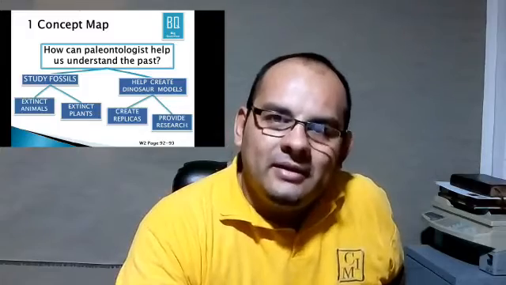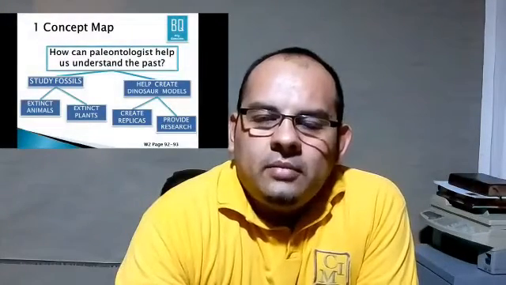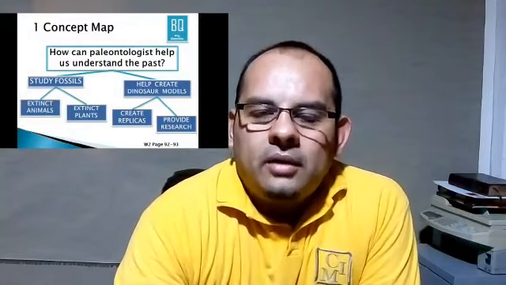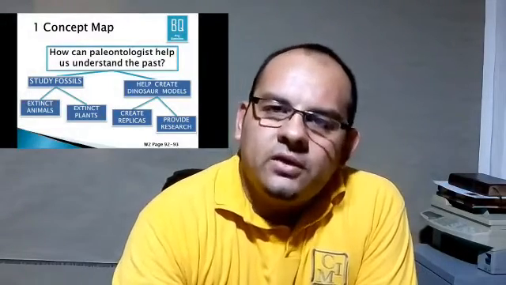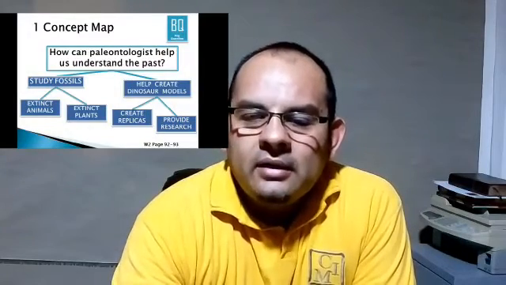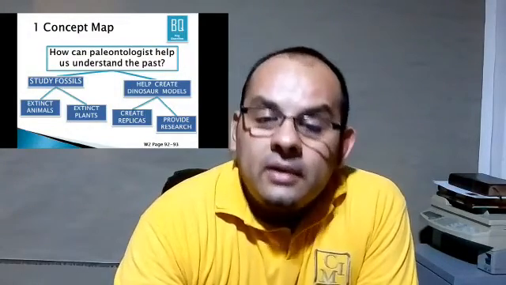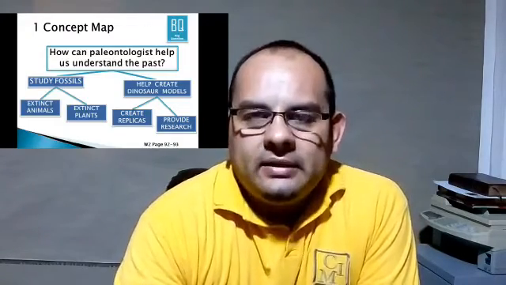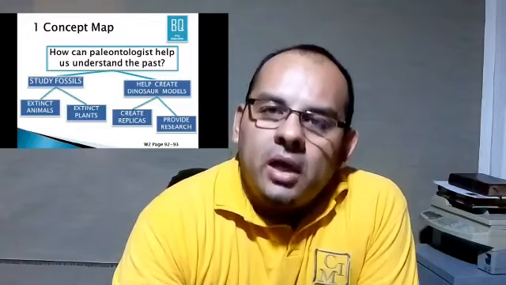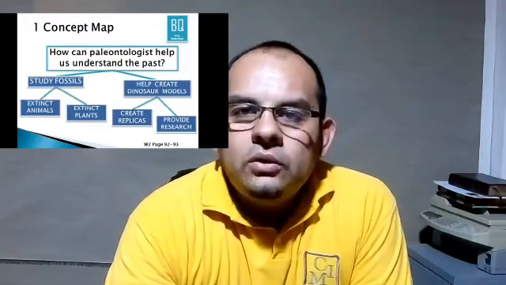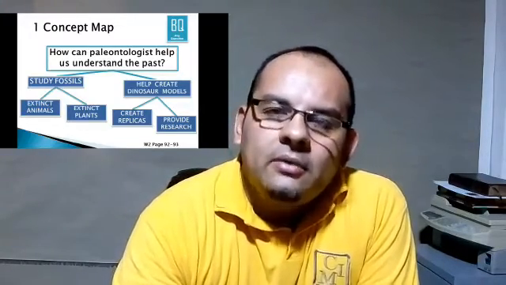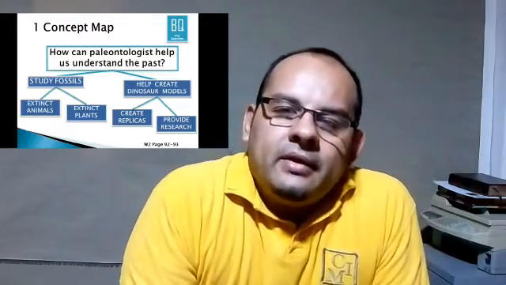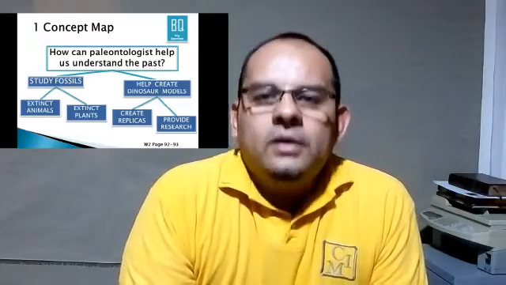That's great, right? Right below the box that says help create dinosaur models, I want you to write two things. In the first box, you're going to write that paleontologists create replicas. That's it. Create replicas. That's in one box. In the next box, you're going to write they provide research. Look, I'm going to explain these two boxes in one fact.